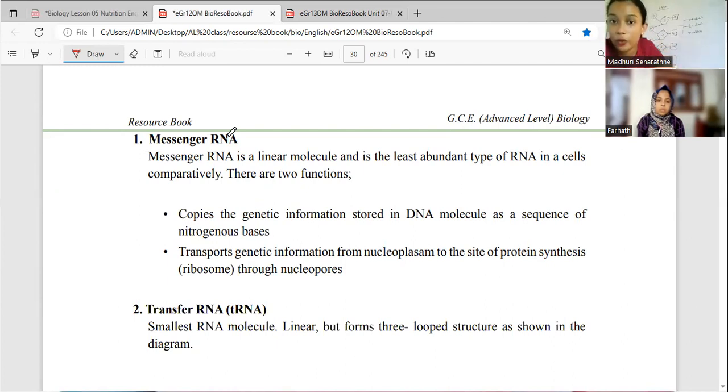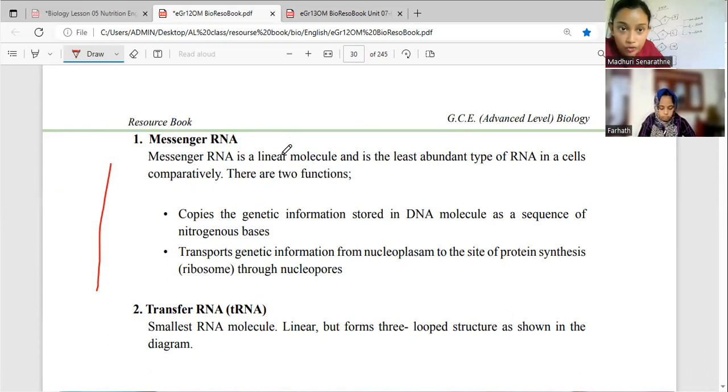That is why they are called messenger RNA. Messenger RNA is a linear molecule. It is the least abundant type of RNA in cells comparatively.